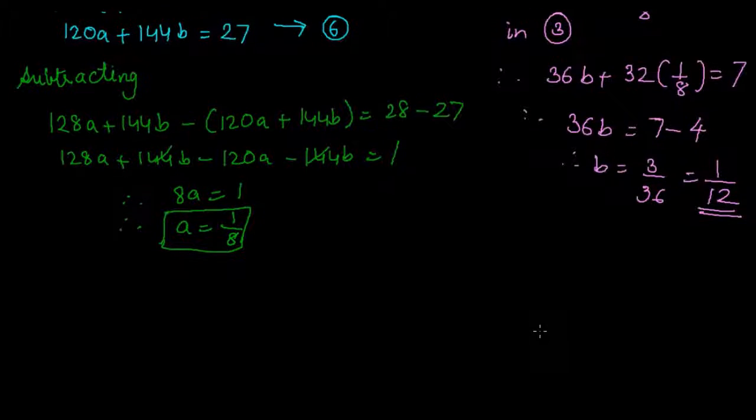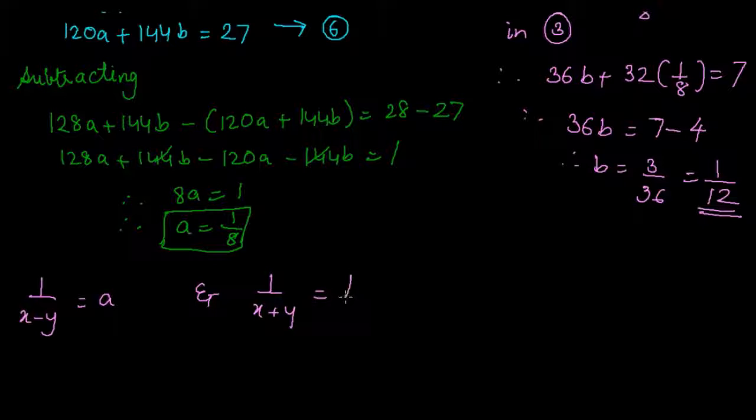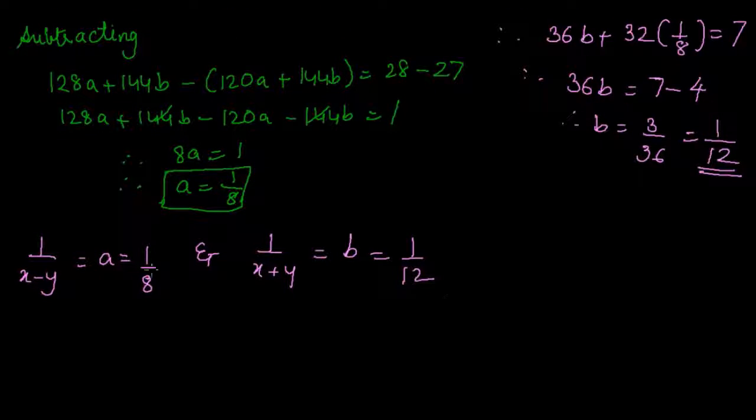Now, we had already substituted 1 upon x minus y as a and 1 upon x plus y as b. I got the value for my a as 1 by 8 and my b as 1 by 12. So we resubstitute these. So we get x minus y is equal to 8 and x plus y is equal to 12.